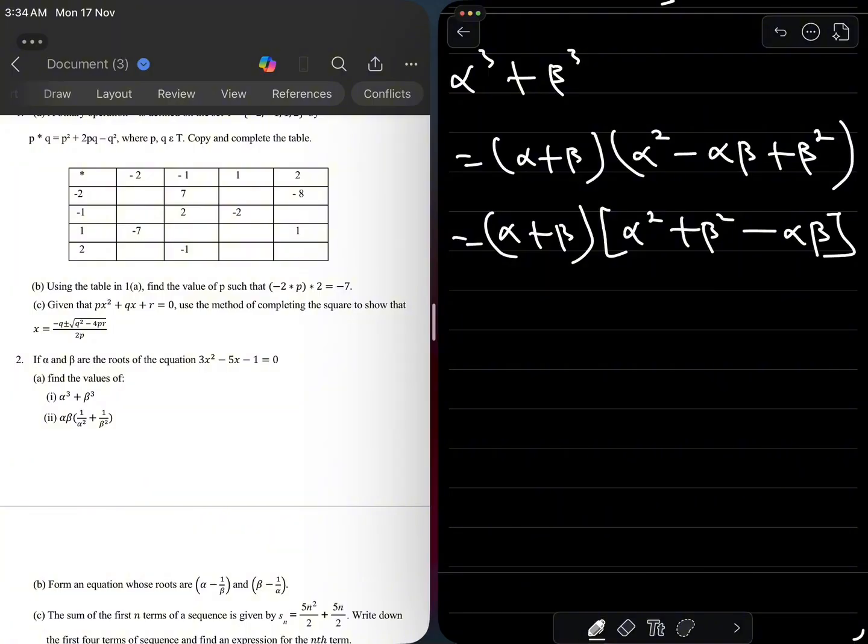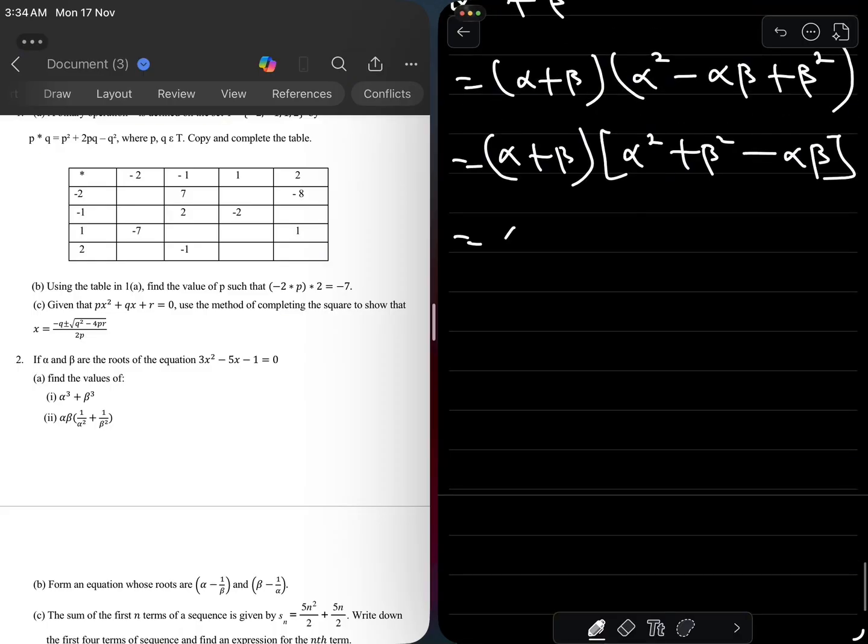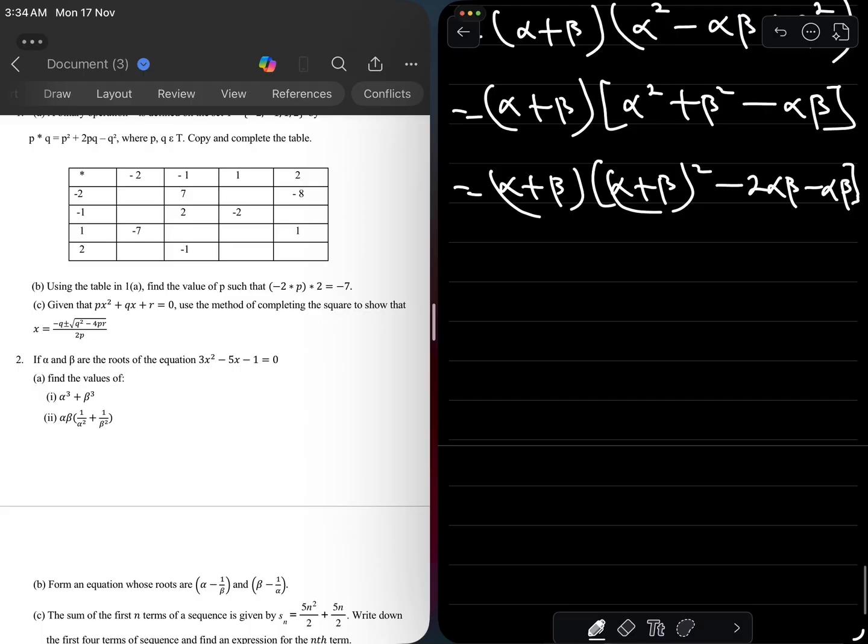What I did here is just a rearrangement. Now that's equal to alpha plus beta. I know that alpha squared plus beta squared is alpha plus beta all squared minus 2 alpha beta, minus another alpha beta. And that simply means alpha plus beta into bracket alpha plus beta all squared minus 3 alpha beta.